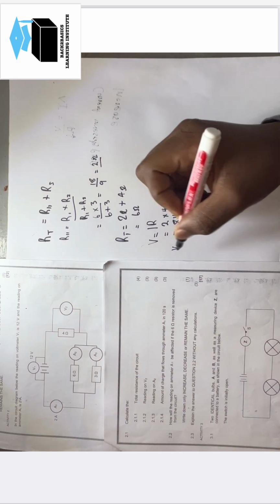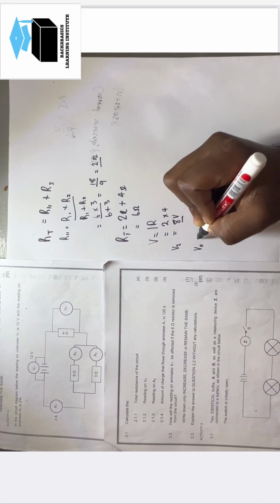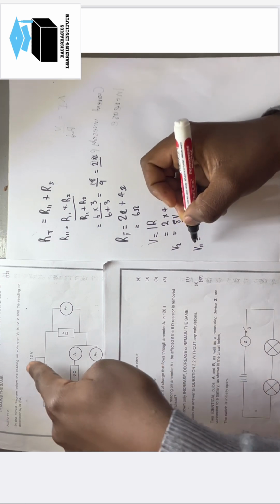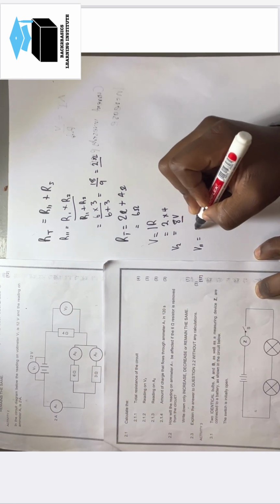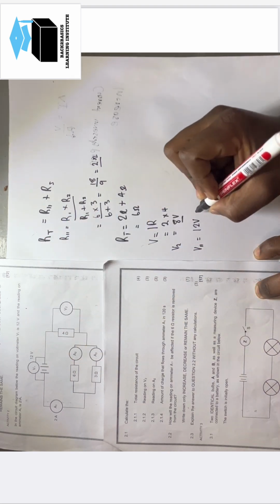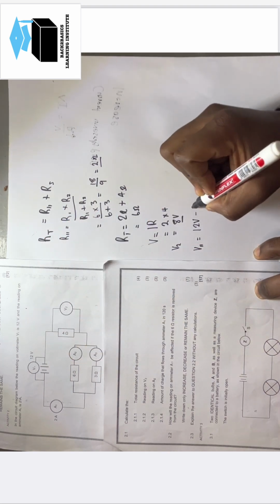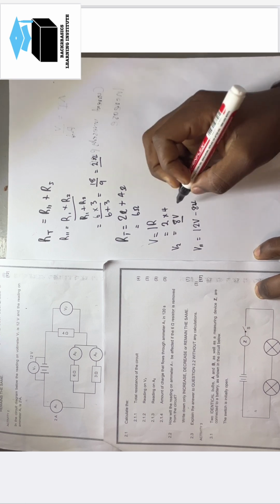So firstly, your V parallel is going to be 12 volts subtract 8 volts, right? Which is this one, subtract this one, your 8 volts. And why are we subtracting here?